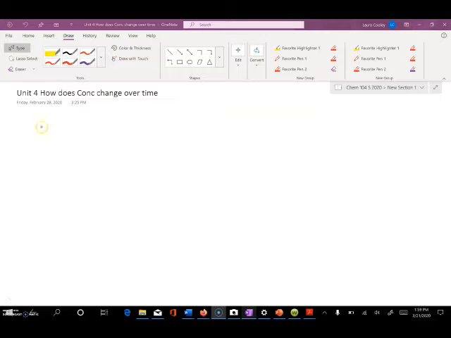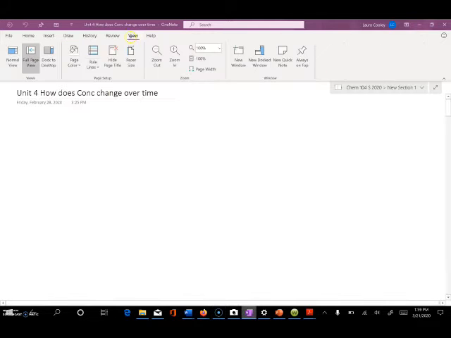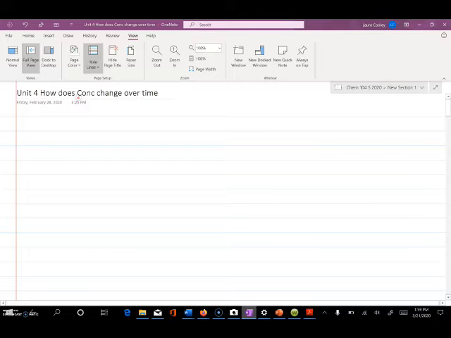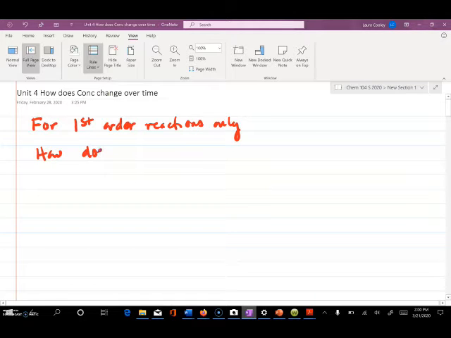And so what I'm going to be doing is talking about, for first order reactions only, how does concentration change with time?